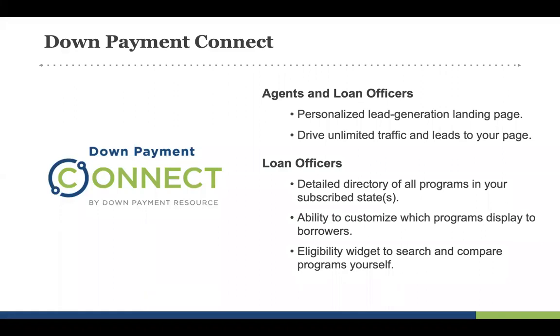And you'll have where they were searching, what price they were looking at, the programs they found, and their contact information. That sends all of that to you in the lead once the consumer does a search on your page. But essentially, Down Payment Connect is named so because it offers the consumer a path to find out that there's down payment help out there and connect with you to learn more and take the next step.